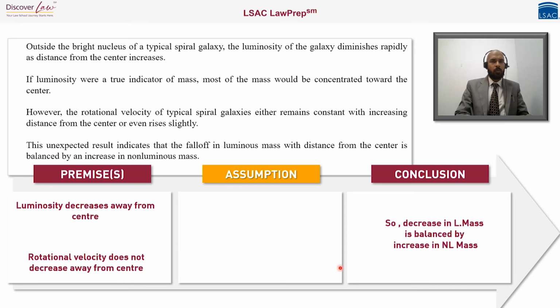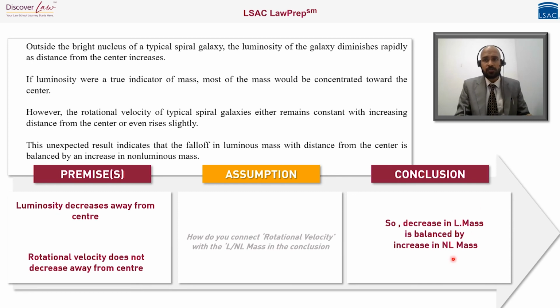Now, when you see that the premises are talking about something and the conclusion is talking about something else, the assumption needs to link these. So you need to somehow link this rotational velocity to this mass, because the premises do not talk about mass anywhere here.